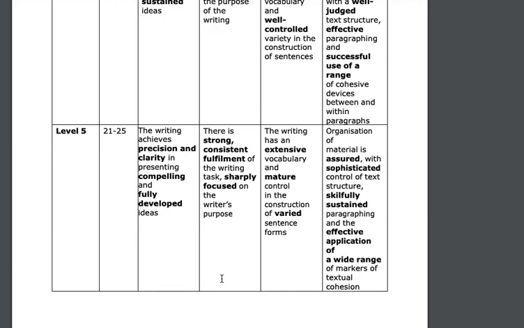Writing has extensive vocabulary and mature control in the construction of varied sentence forms. So yeah, that's what I'm saying. What you need is some more varied sentence forms, which is the colon and the semicolon. And be careful of your vocabulary. You have actually got quite a good vocabulary, to be honest. You've got distinguished and resides and stuff like that. So that's brilliant. So yeah, carry on like that.